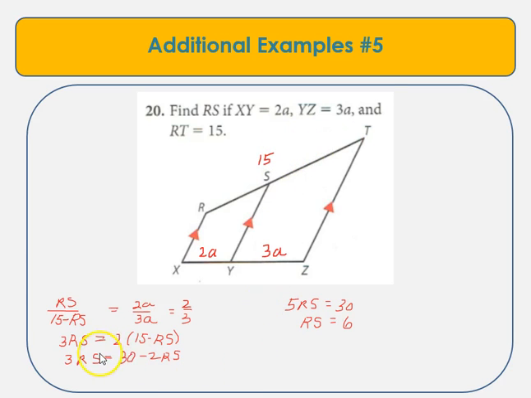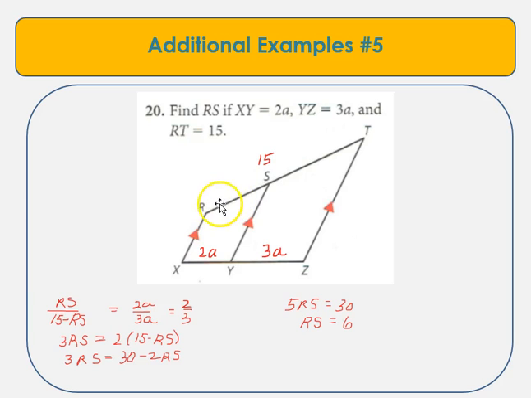So what we have to do is we need to get values in here on this side. We know that this piece RS will compare to 2A. And you can see this in the proportion RS equals 2A. But we don't know what ST is. So all we can say is that ST equals 15 minus RS.